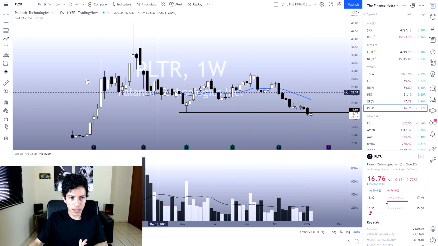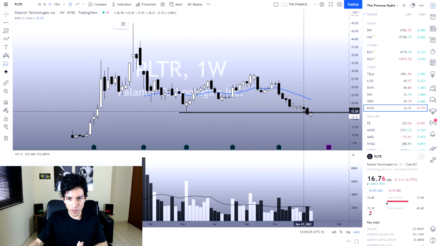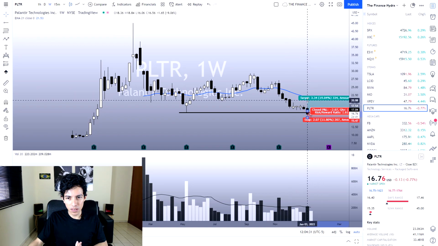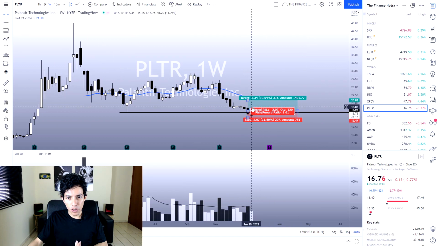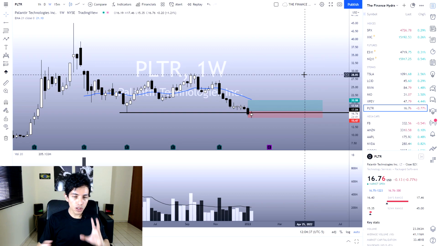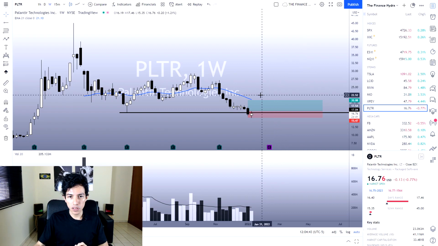I would just buy, and set a very tight stop loss below this week's low. Even if I'm aiming at the EMA in the weekly chart, the risk-reward ratio favors the bulls. So looking solely at the risk-reward ratio, I think it makes more sense to long Palantir right now.